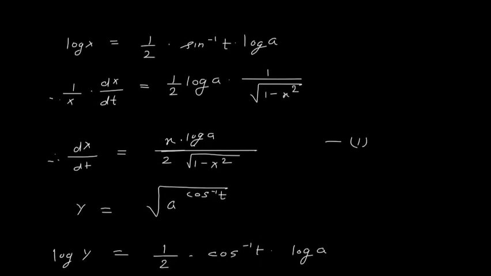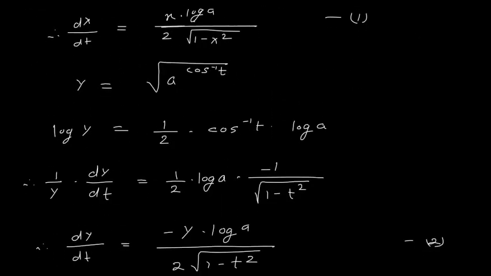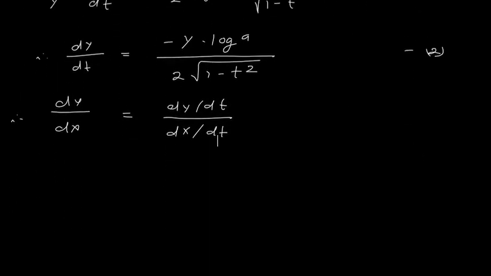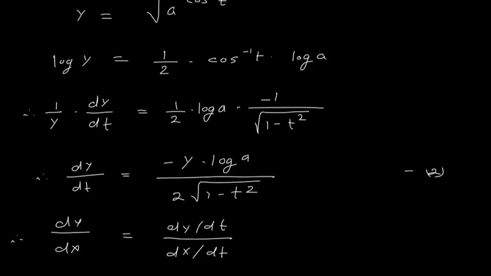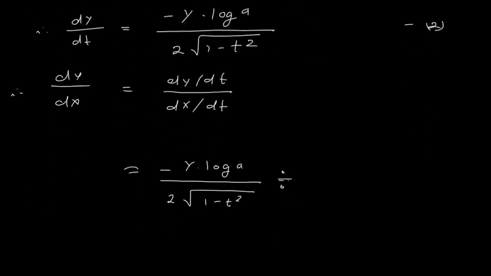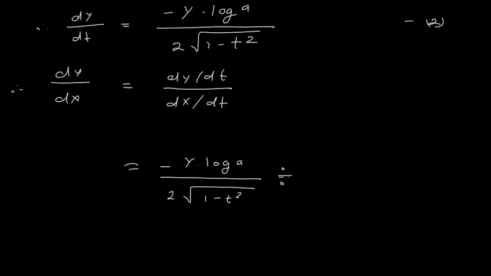So dy upon dt we have found out just now. It is minus y into log a whole divided by 2 root of 1 minus t square, divided by dx upon dt, which is x into log a divided by 2 root of 1 minus t square.